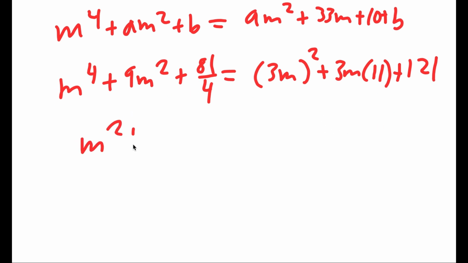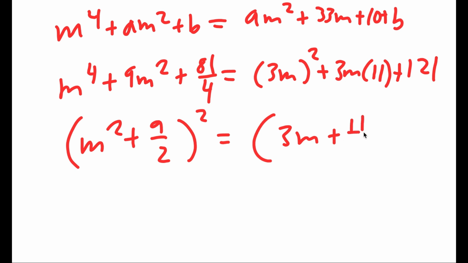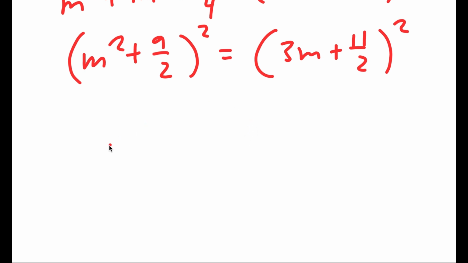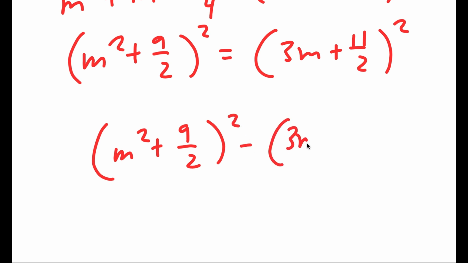And now this turns into x squared plus 9 over 2, squared, is equal to 3x plus 11 over 2, squared. Meaning x squared plus 9 over 2, squared, minus 3x plus 11 over 2, squared, is equal to 0.